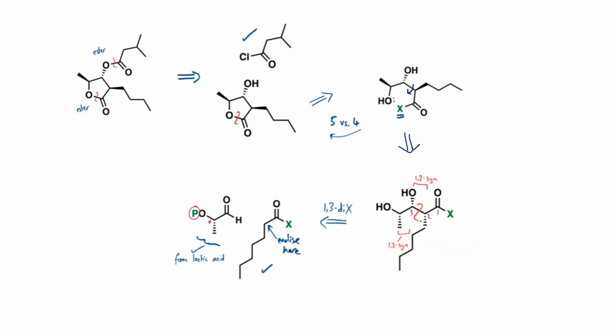Now to form this one selectively, how can we form this? This is also a 1,2,3 substitution, so that can be formed through an enolization reaction.